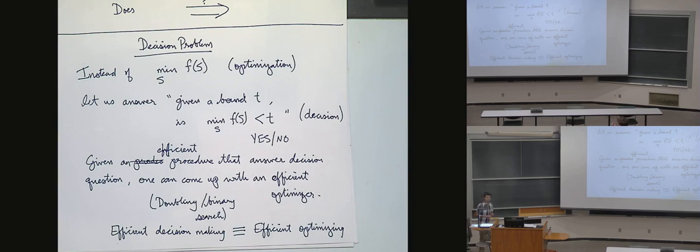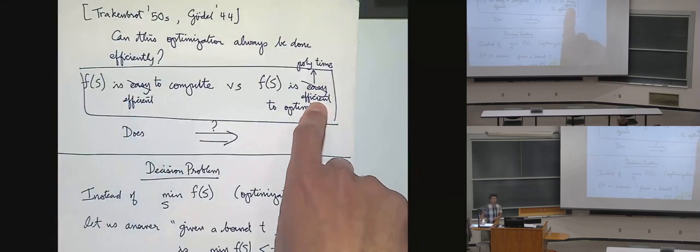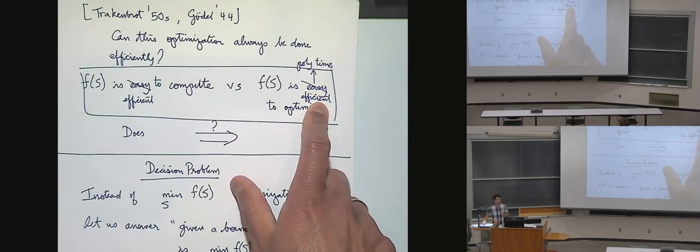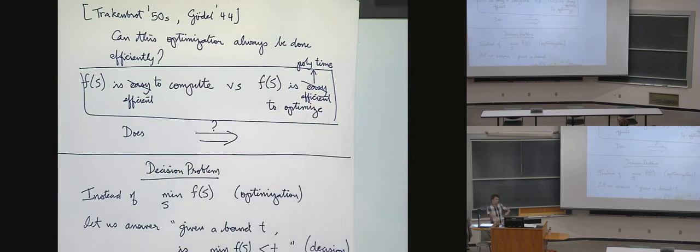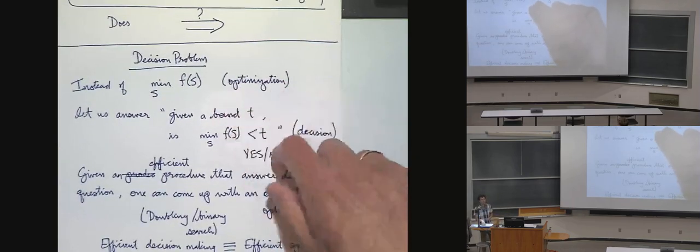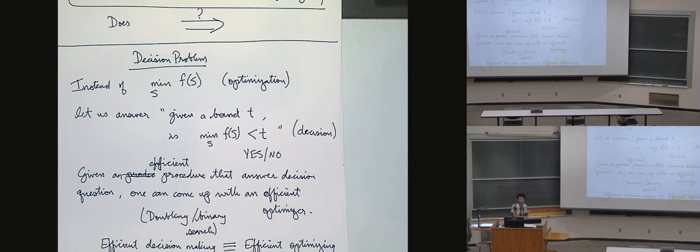All I'm saying is that we're trying to understand optimization versus computing, but instead of optimization, I'm going to talk about decision instead, because it's basically the same thing. If you can decide, you can optimize, and if you can optimize, you can decide. Obviously, if you can optimize, this is easy: you just compute the optimum and check. But also, if you can do the decision version, you can optimize just by this doubling trick.